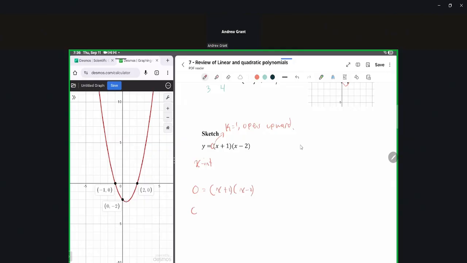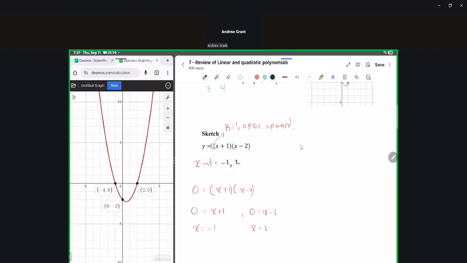And so we have 0 is equal to x plus 1 and 0 is equal to x minus 2. Solving these equations has x equals negative 1 and x equals 2. So our x-intercepts here are negative 1 and 2.